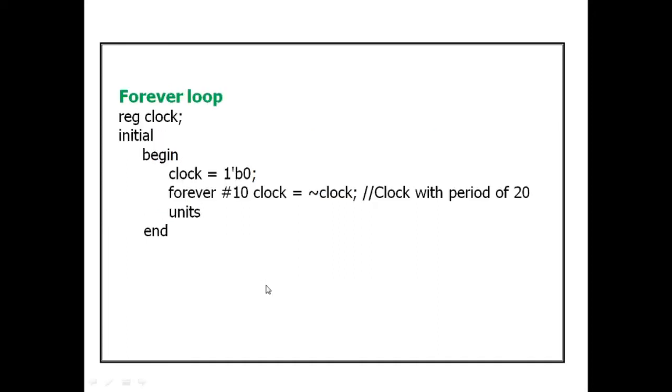That's it. And the last one is the forever loop. So what is this forever loop? It is just like the always block you might have encountered. The same principle will work here also. This forever loop doesn't contain any expression, as you can see in the while loop, for loop and repeat loop.